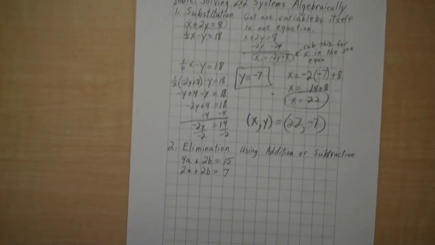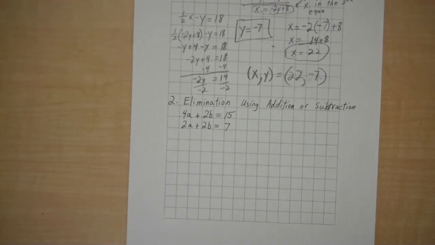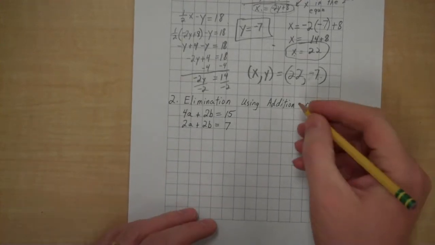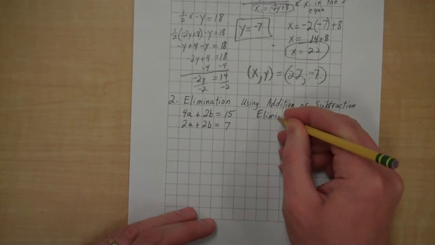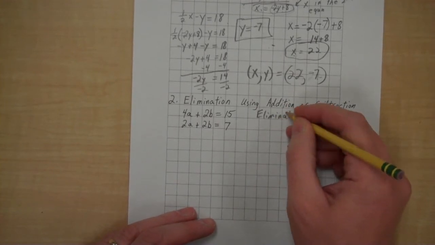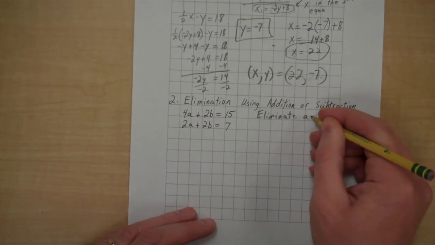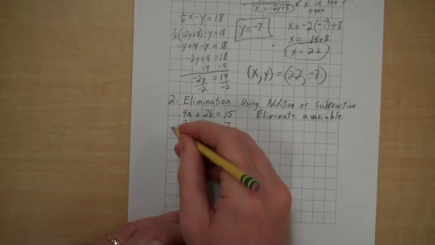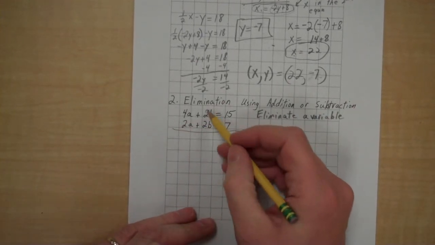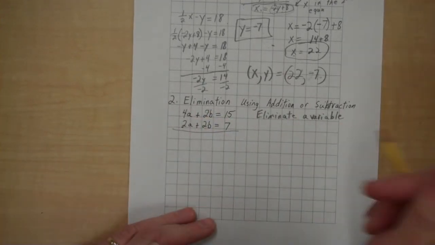The next way I want to work on is elimination using addition or subtraction. Your goal is to eliminate either one of the variables. Eliminate a variable. Now, I'm looking at our system right here, and what I see is if I subtract 2b from this 2b, b is gone.